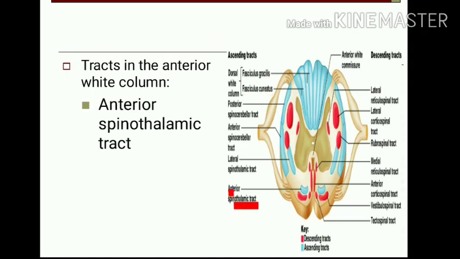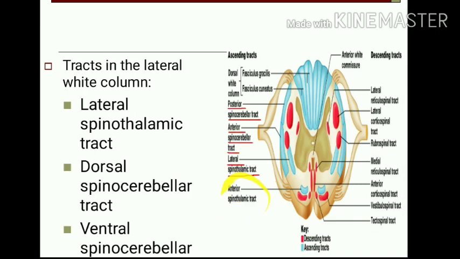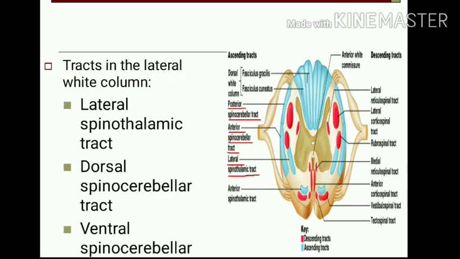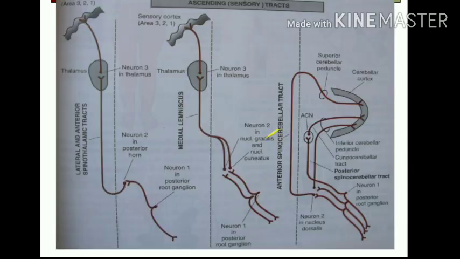Tracts in the anterior white column, this is the anterior spinothalamic tract. And tracts in the lateral white column, the blue one you can see is the lateral spinothalamic tract, dorsal spinocerebellar tract, and ventral spinocerebellar tract. So these are the major sensory tracts.